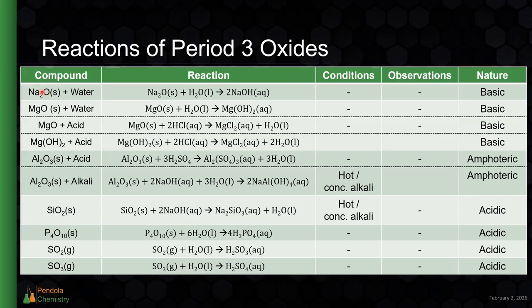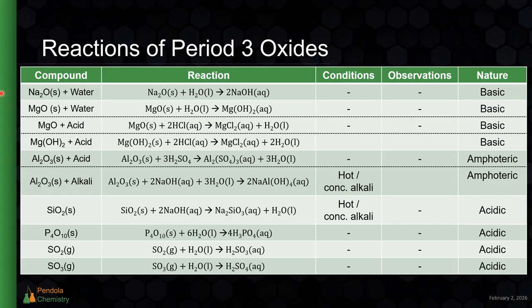We're going to look first at sodium and magnesium oxide. Sodium and magnesium oxide have, again, very similar reactions with water. We already discussed how sodium and magnesium by themselves, when reacting with water, would create hydroxides. Well, sodium oxide and magnesium oxide do exactly the same thing.